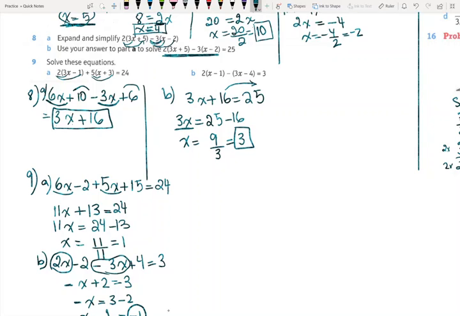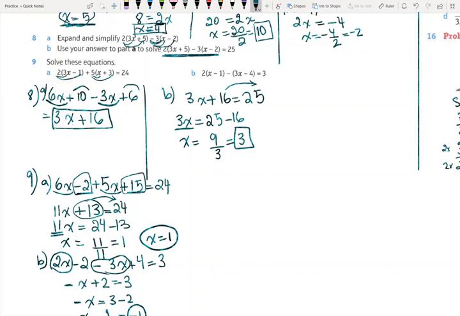Collecting first, having x's on one side, numbers on the other, you're going to have 11x plus 13, because minus 2 and plus 15 is plus 13, equals 24. So 11x is equal to 24 minus 13, because you need to take this to the other side in order for you to solve for x. Then you divide by 11, so 11 over 11 is 1, so x is equal to 1.